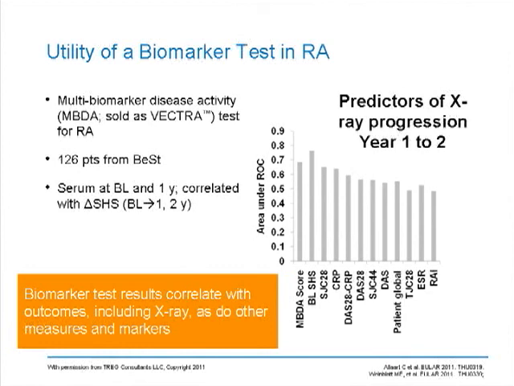Other points of interest. In the BEST study, anti-CCP positive patients were more likely to have radiologic progression than anti-CCP negative patients, although they had an equal chance of achieving DAS remission and achieved similar HAQ scores. And the anti-CCP positive patients were less likely to achieve drug-free remission.